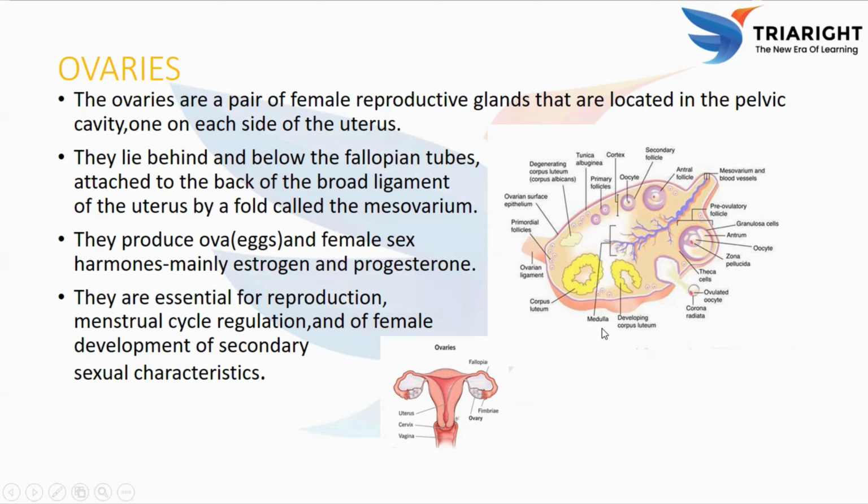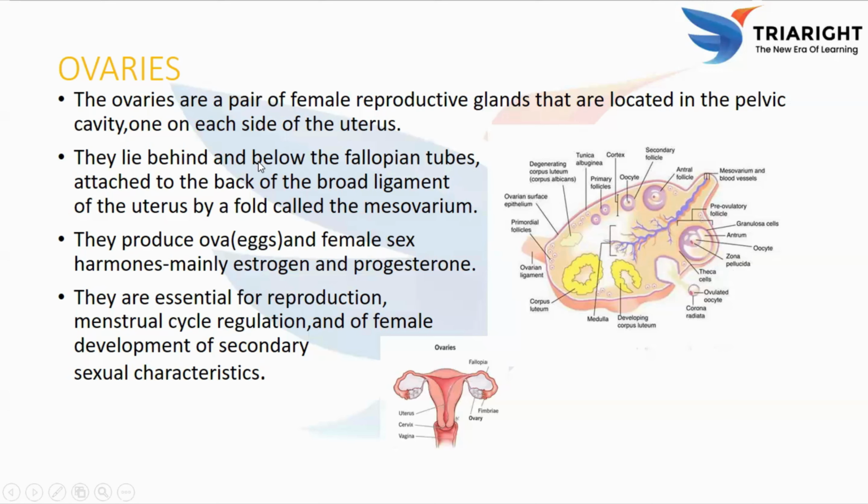This is the medulla. The outer single layer of cuboidal cells is called the germinal epithelium. The tunica albuginea is a dense connective tissue beneath the epithelium. The cortex contains developing follicles, and the inner layer, the medulla, contains connective tissue, blood vessels and also the nerves.